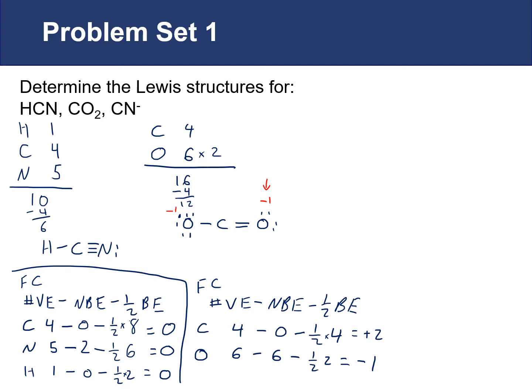We need to recalculate the formal charge on the ones that we just did. So for our carbon, 4 minus, there are still no non-bonding electrons. Now it has a double bond as well as a single bond, so that's a total of 6. So we're now down to +1.